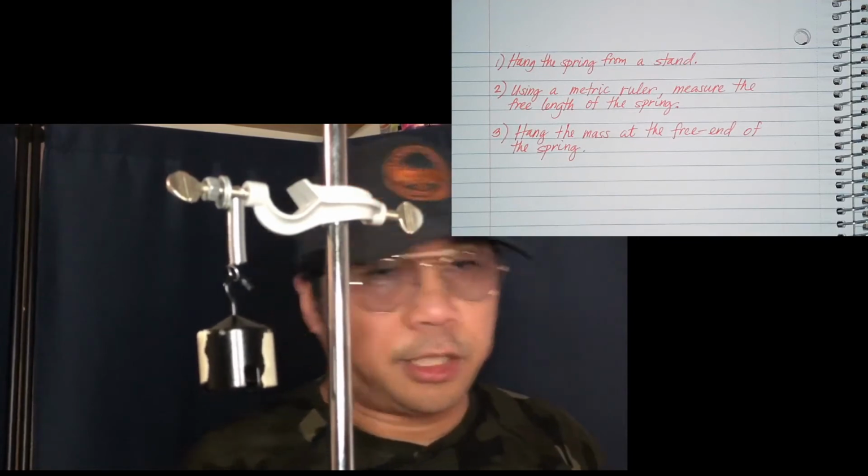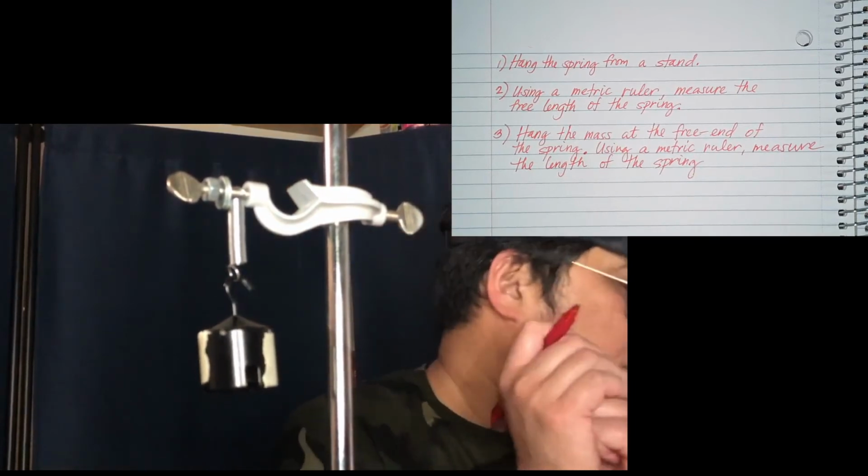Measure the change in the length using a ruler, a metric ruler to be exact. Measure the length of the spring. You can see it.